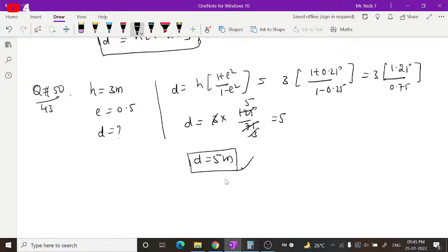It travels a 5 meter distance. That's it. So option 3 is the right one. Go through it.